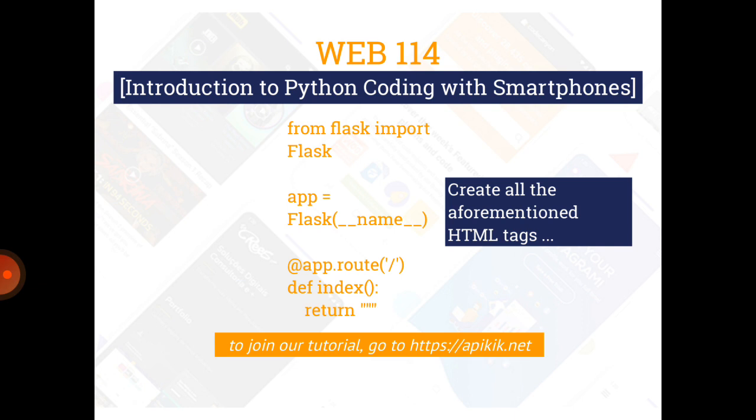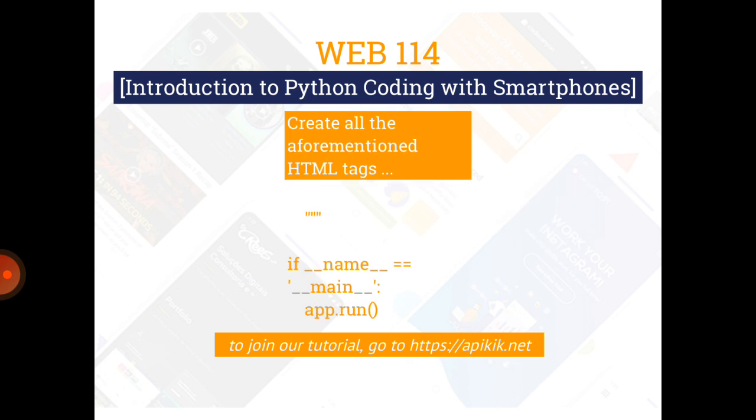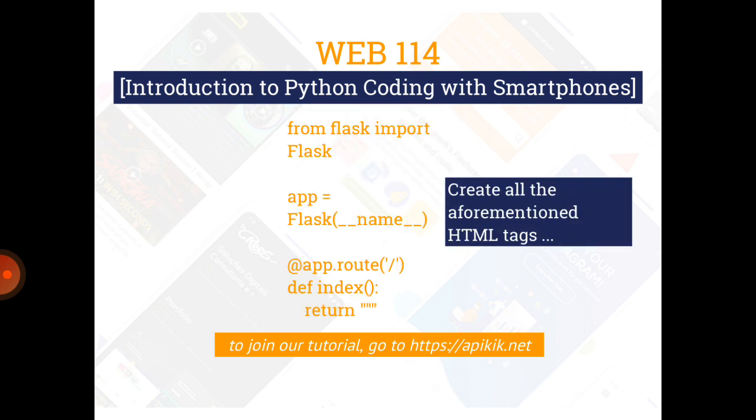So after you have done that, you have done this one. Now you will go and write all the HTML codes I taught you in Web 111. You create all the aforementioned HTML tags. After you have written the first one, don't write anything.